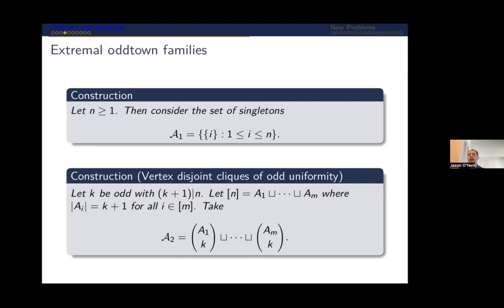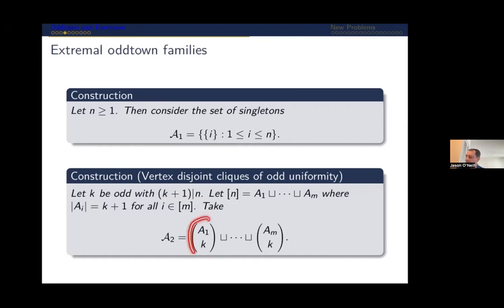But if I have that condition, then if I take 2 sets from the same clique, they're going to have k minus 1 elements in common. And here k is odd. So k minus 1 is even.